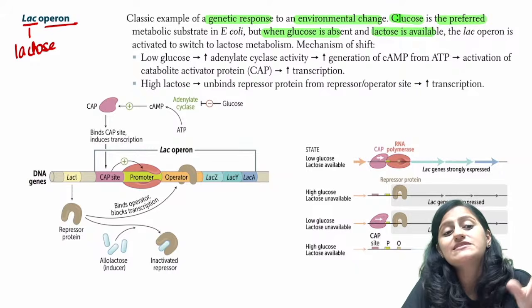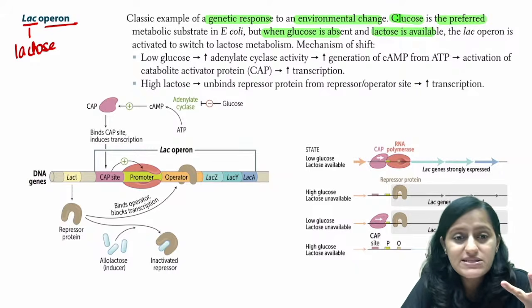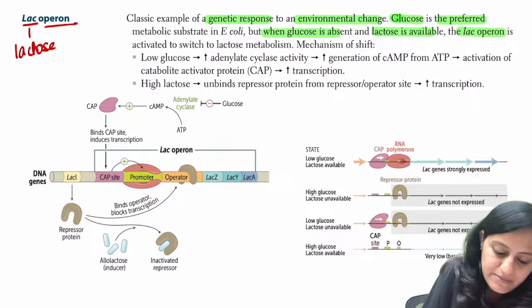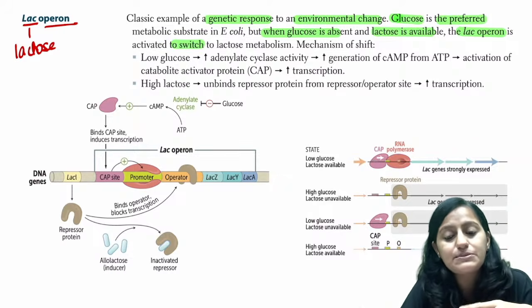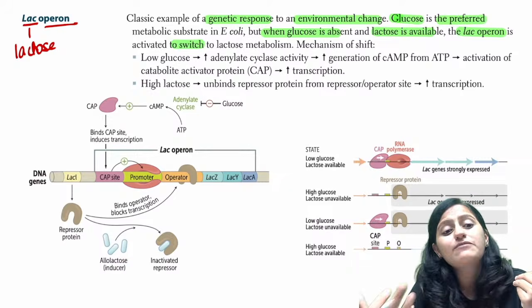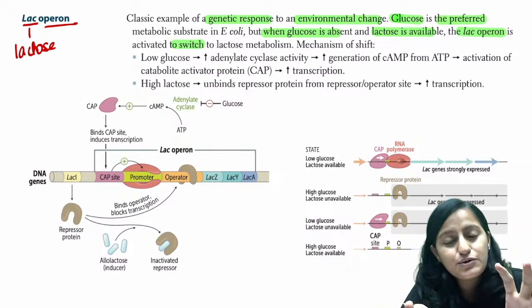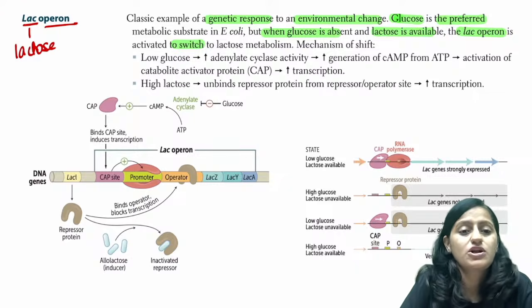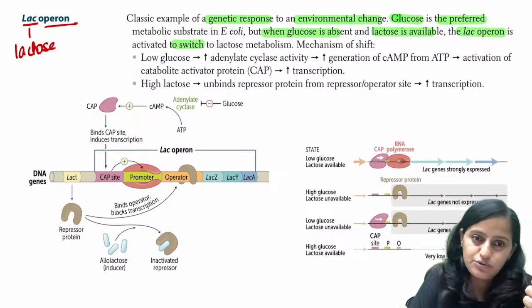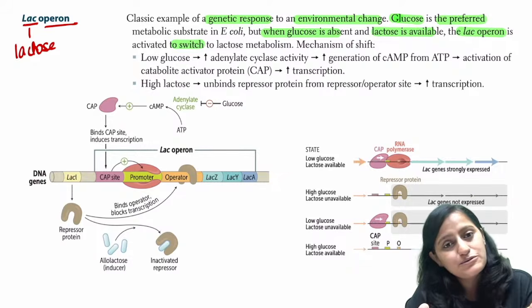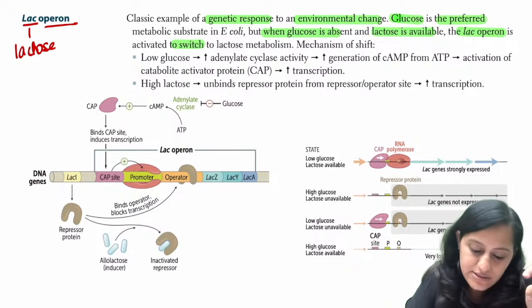No. So they will start using lactose, and to use this lactose, the Lac operon will be switched on. So the Lac operon basically helps in metabolizing lactose. When will it be activated? When lactose is present and glucose is not present. If both glucose and lactose are present, they will use glucose. If glucose is absent and lactose is present, then the bacteria will use lactose.